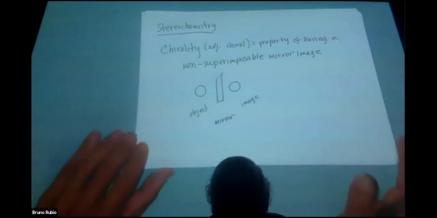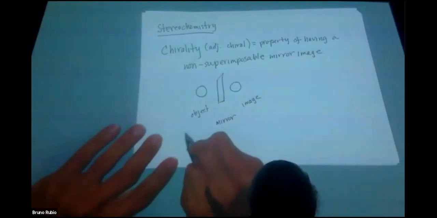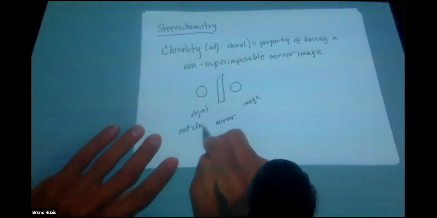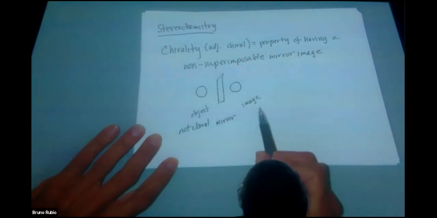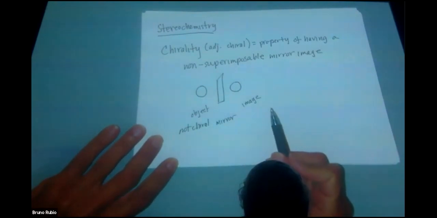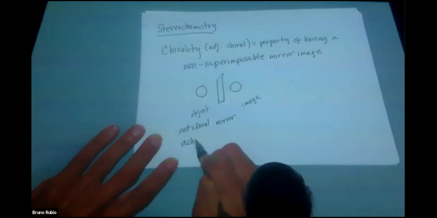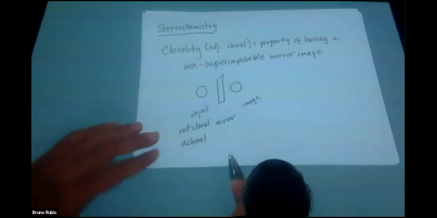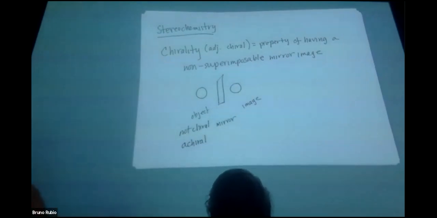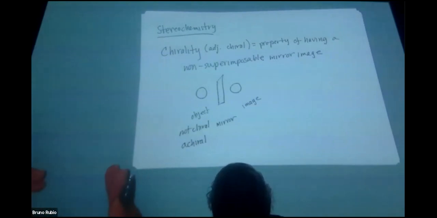And so we have a vocabulary word for that. We can say that this guy is not chiral. It has a superimposable mirror image. And the specialized vocabulary word is, we say that a circle is achiral. All right, that's a word that I do not like to use, because you say, well, something is achiral, and you're thinking, well, it's achiral what?